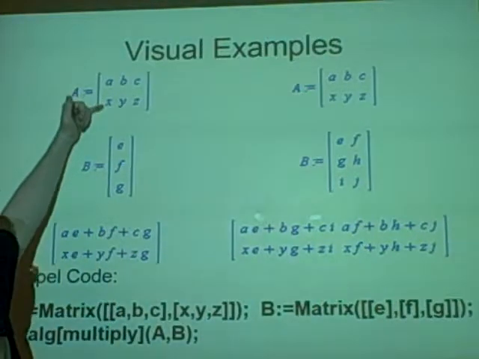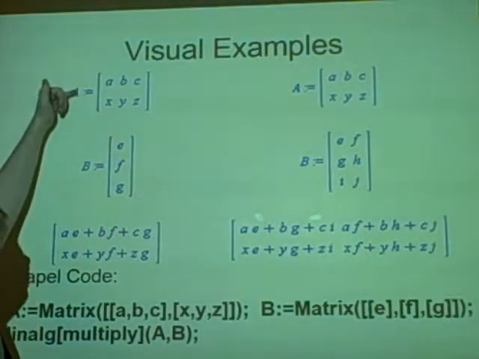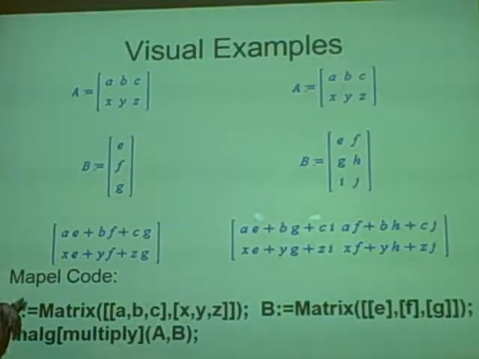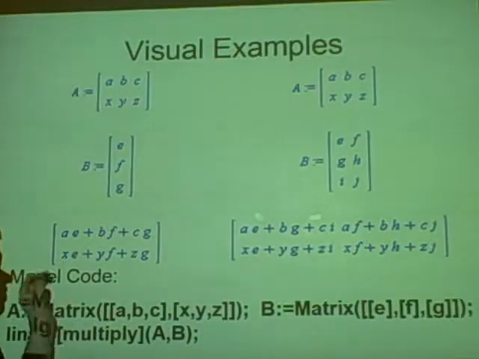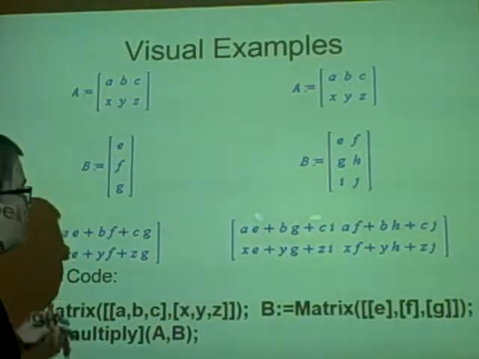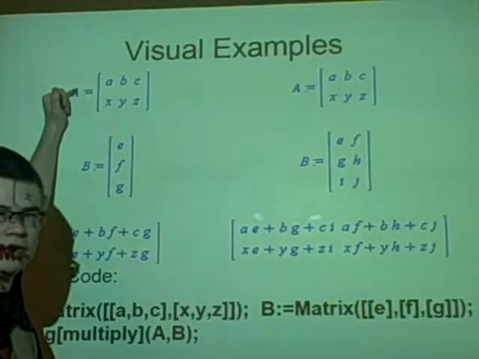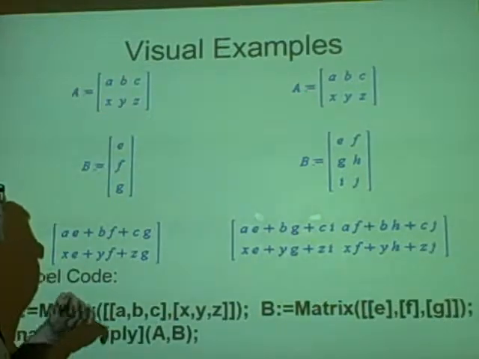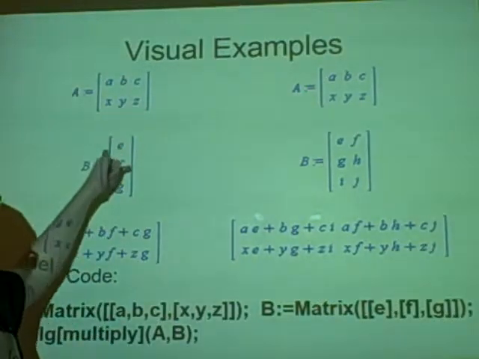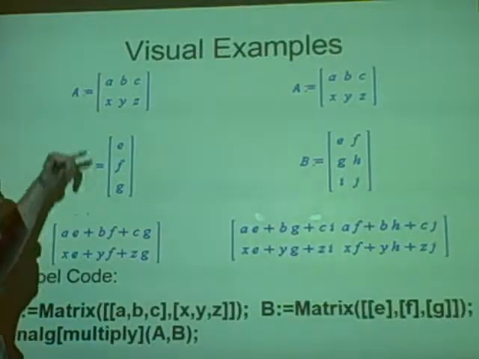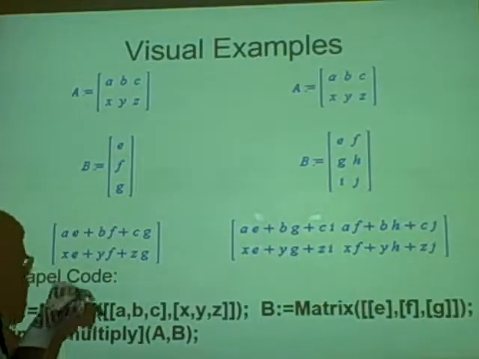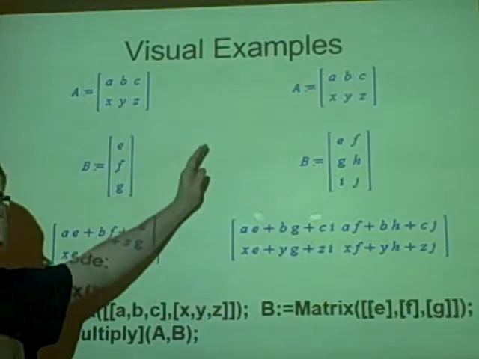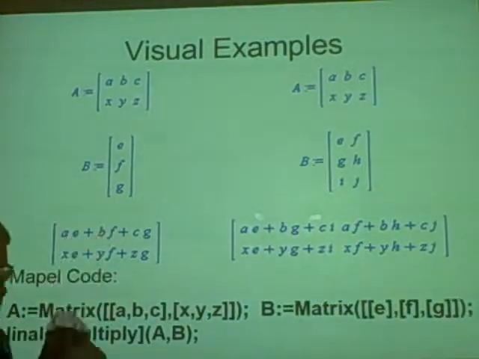So this, I don't know if you can read this very well. I did this in Maple, and we have Maple code here. If you're wondering how to multiply matrices in Maple, it is actually very useful. So I've got a matrix A as A, B, C, X, Y, Z, and a B as E, F, G. So I've multiplied A, B, just like in the previous example, we had a big one and a column vector, and we've multiplied them.